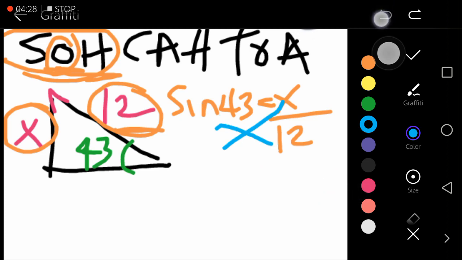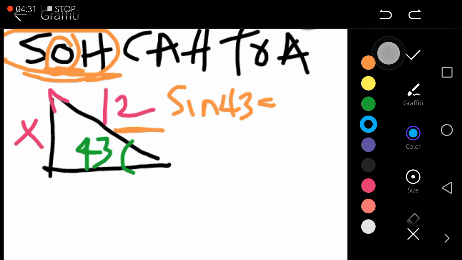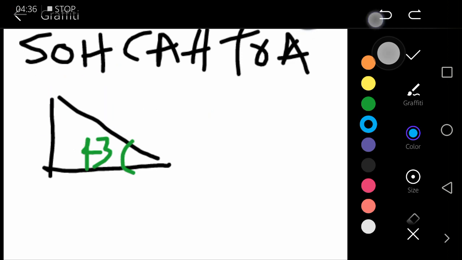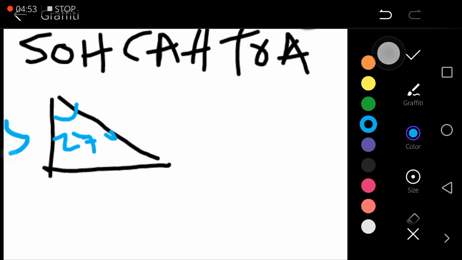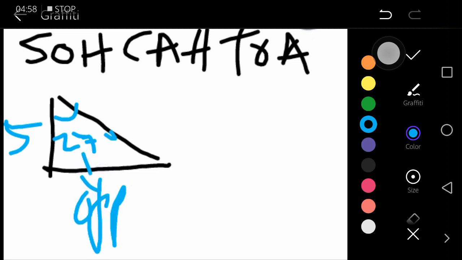The next example is if the opposite changes position. The degree is here, 27 degrees. And what is here? The adjacent, because this is the opposite of the degree. The missing one is here, y.